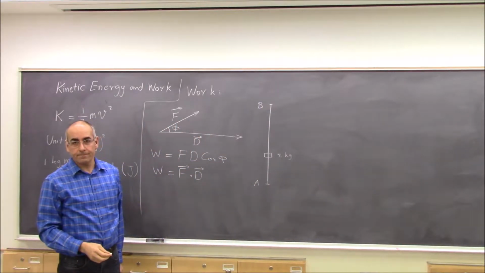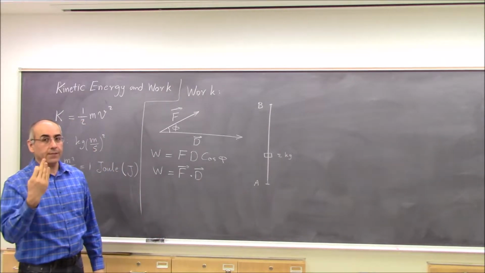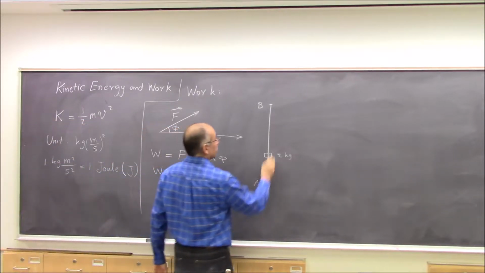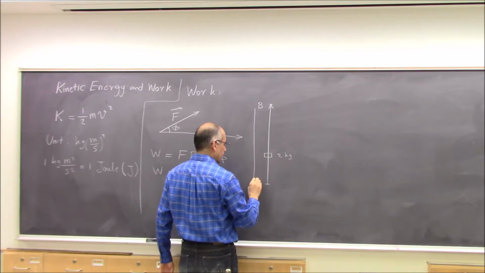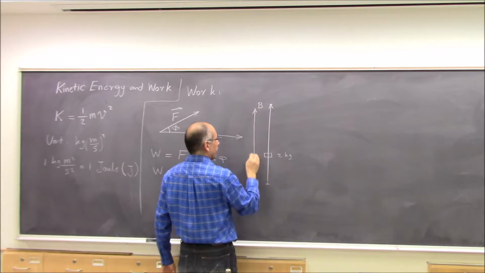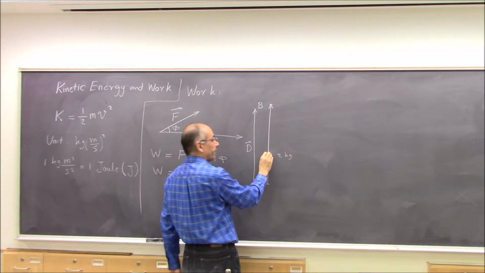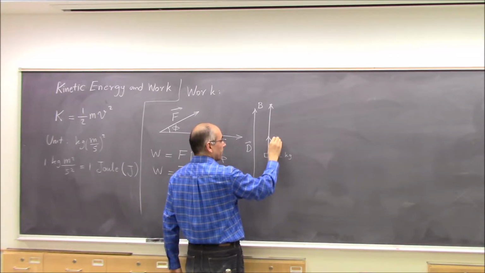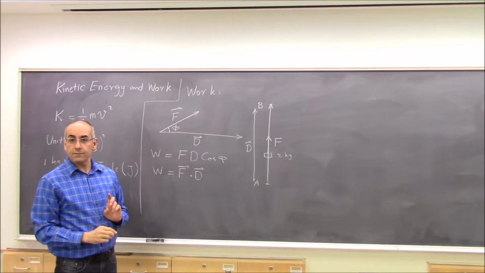Would it be 0? The force that I'm applying is upward, right? And the displacement is also upward. This is the displacement vector, and the force that I'm applying is up. So why would it be 0?